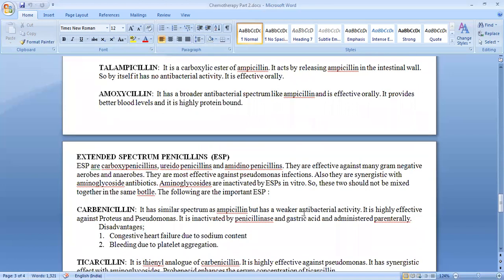Then we have what are called extended spectrum penicillins or ESP. So compounds like carboxypenicillins, ureidopenicillins, and amidinopenicillins. If we want the penicillin to be effective against gram-negative kinds of infections, then we use these extended spectrum penicillins.